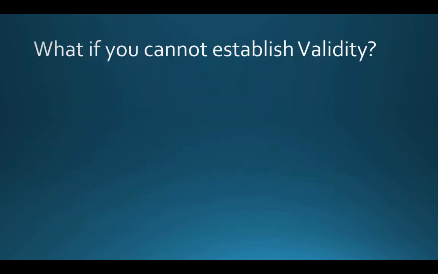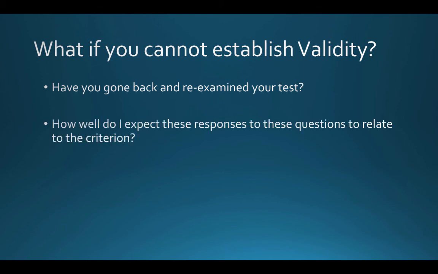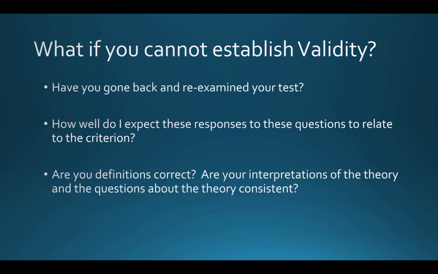Now, what if you cannot establish validity? Well, have you gone back and re-examined your tests? Because oftentimes your measurement tool may need to be manipulated or massaged to go back and be reliable. How well do I expect the responses to these questions to relate to the criterion? So if we're looking at criterion-based, we want to make sure that when this expert says, well, it's not really related, well, we need to do our homework and make sure that we can relate this as much as humanly possible.